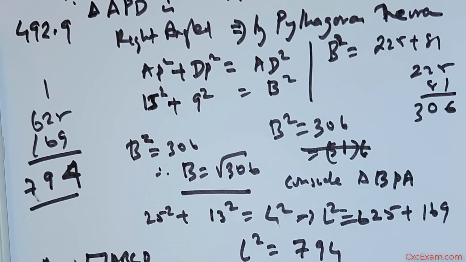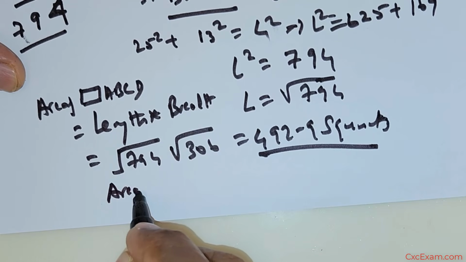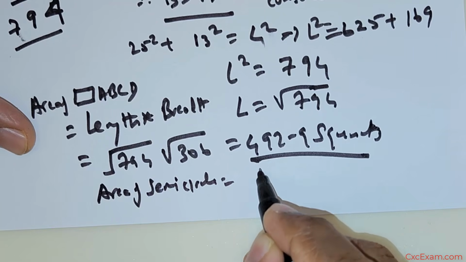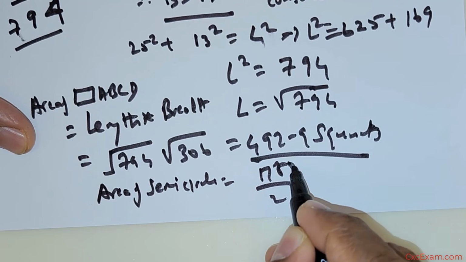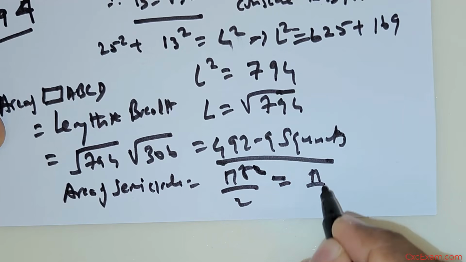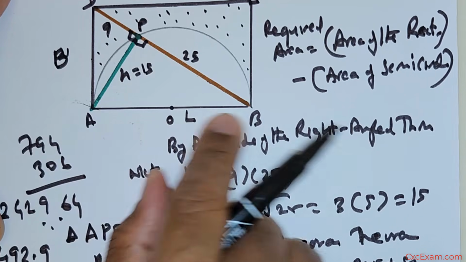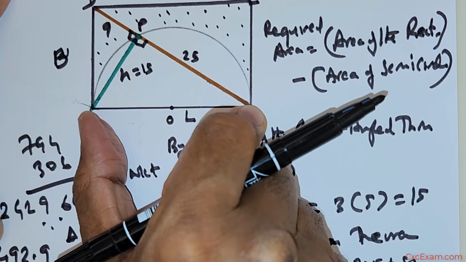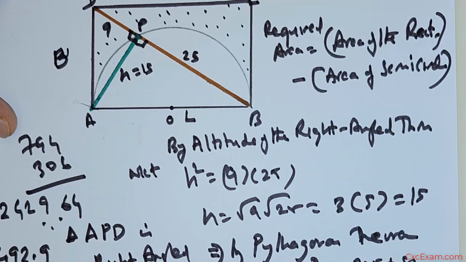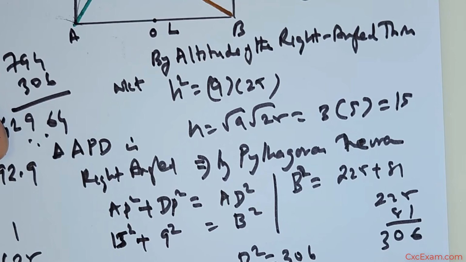Now we need to get the area of the semicircle. The area of a semicircle is pi r squared divided by 2. So this is going to be pi divided by 2 times R squared. This entire thing is the diameter, right?